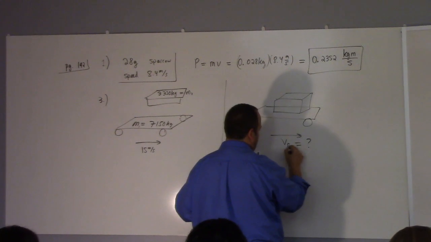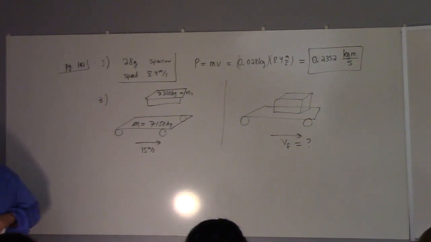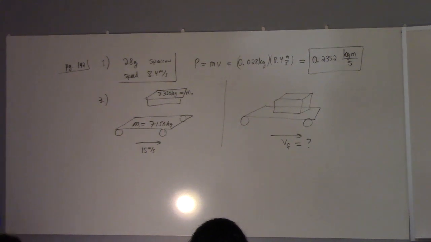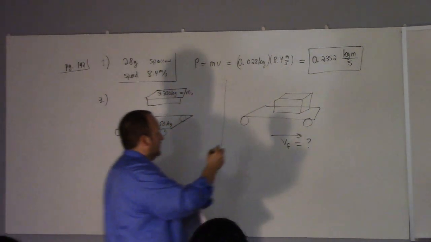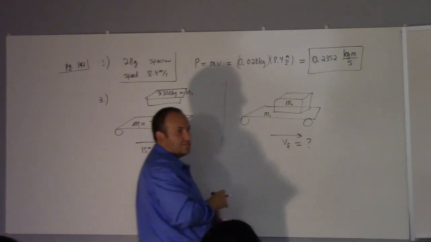We don't know what that is. Now, if the load is dropped onto the car, do they both have the same speed afterwards? They're stuck together, so whatever that final velocity is, both mass 1 and mass 2 share it.